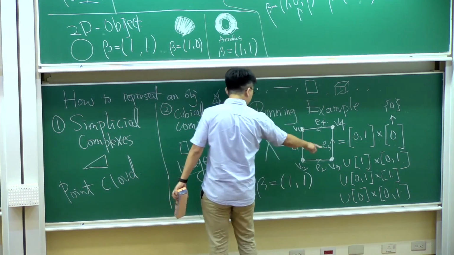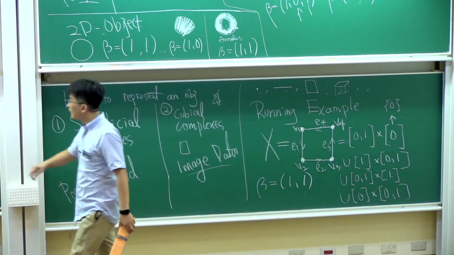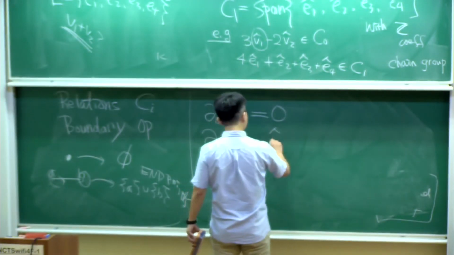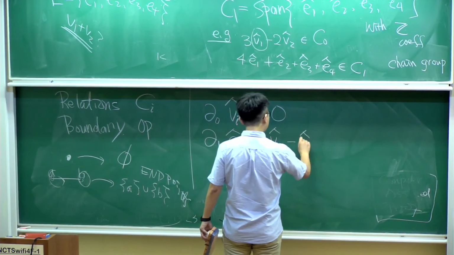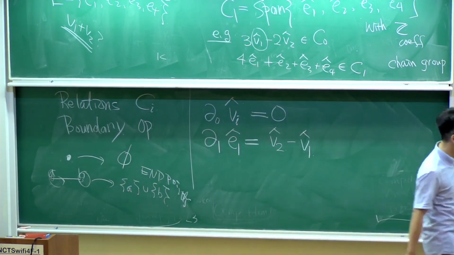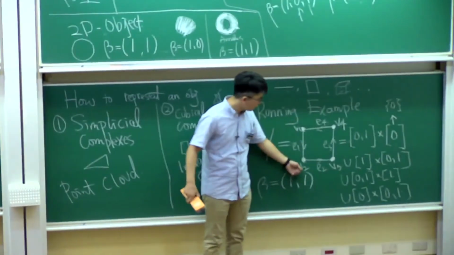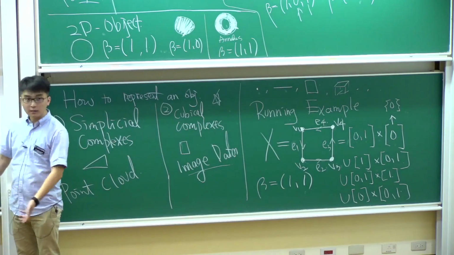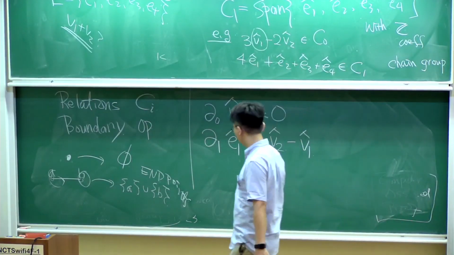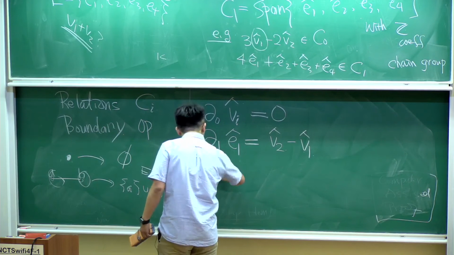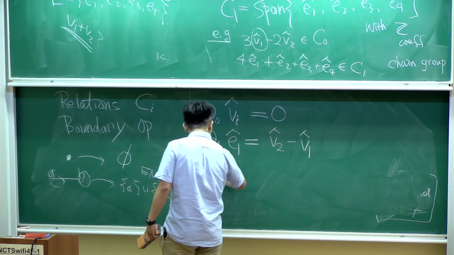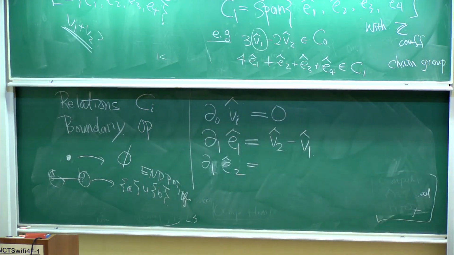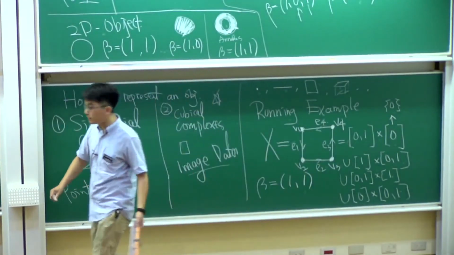So here I'm going to follow this orientation. So I can define the boundary map in this manner. The endpoint, V2 minus V1, just like how you define a vector: the ending point minus the starting point. That's how you can define the boundary of an edge. Okay? Similarly, the boundary of E2 will be V3 minus V2, correct?